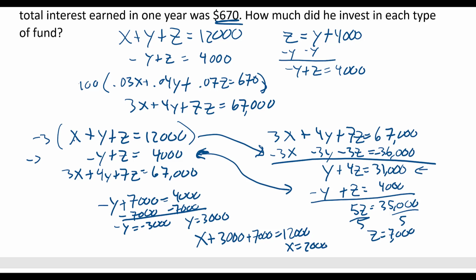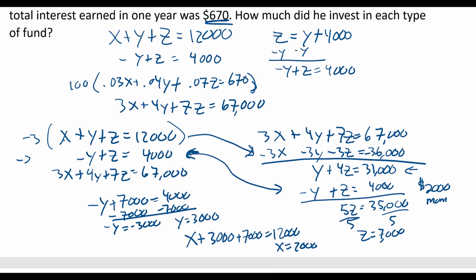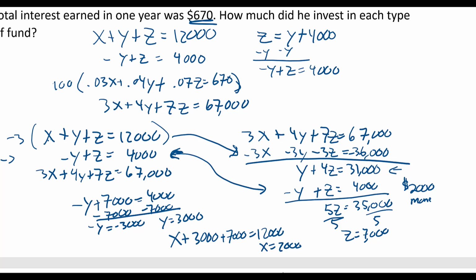So our result would be, let me see if I can put it all together. What were the categories again? 2,000 money market. I'm going to be out of the screen, aren't I? Let me slide this over a bit. Money market.